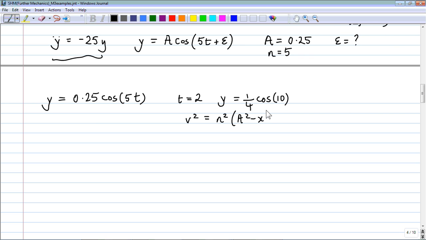In this case, the displacement variable is y, not x. So I've got v squared equals 5 squared times (0.25 squared minus (1/4) squared cos squared 10). So here you could get a formula for v and use a calculator.